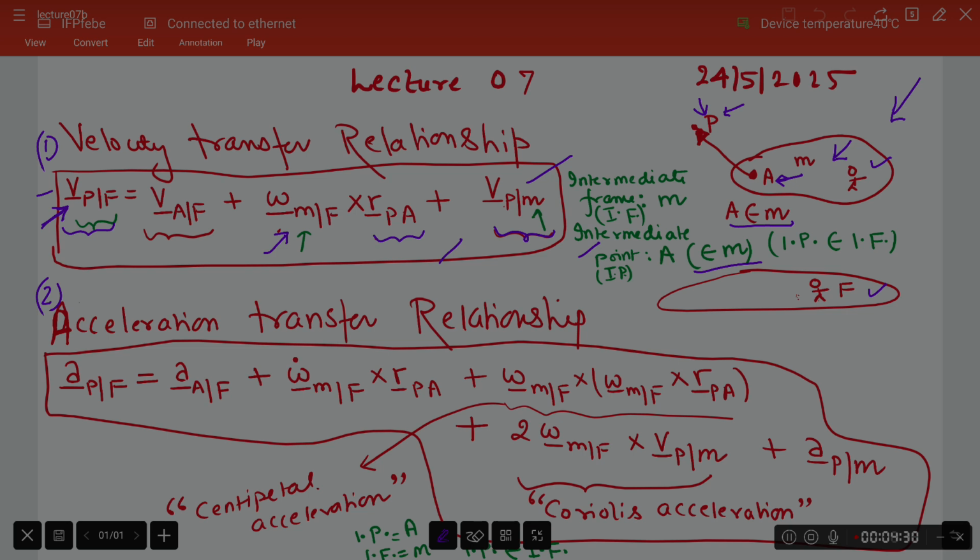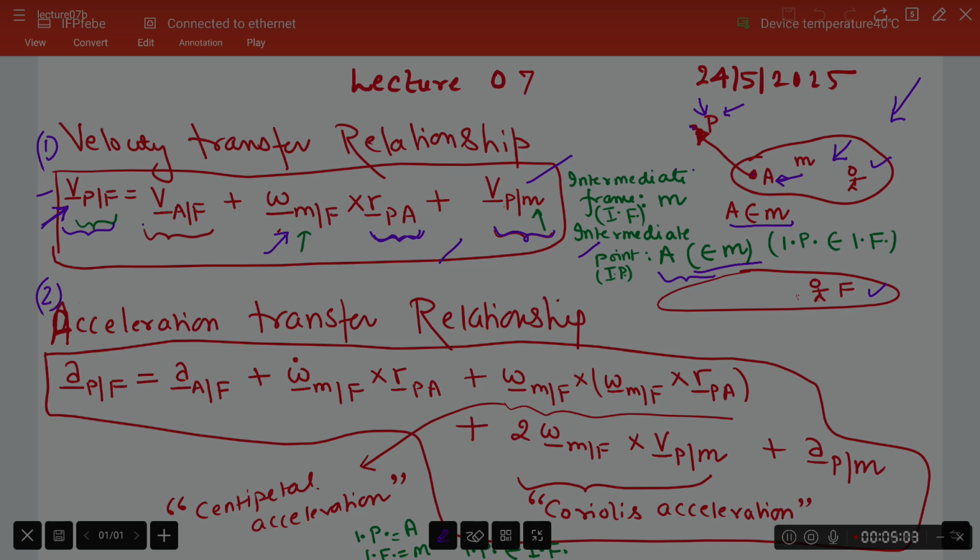When I derive this relationship on my next slides, we will see why exactly this condition is required, that A must be a point fixed in the intermediate frame. So now with this intermediate point A, we are measuring the position vector of P from A, and that position vector appears in this cross product.